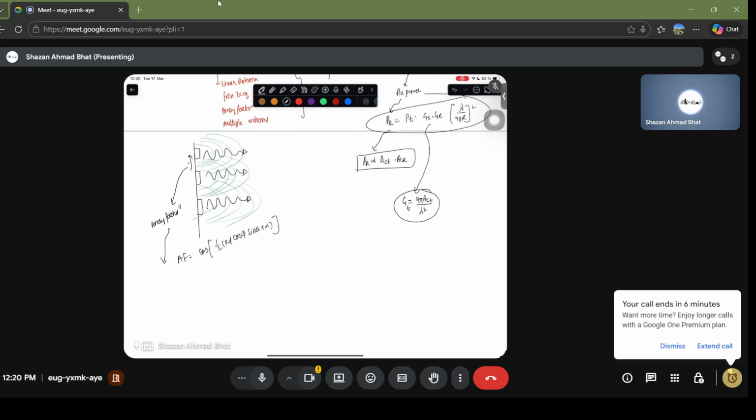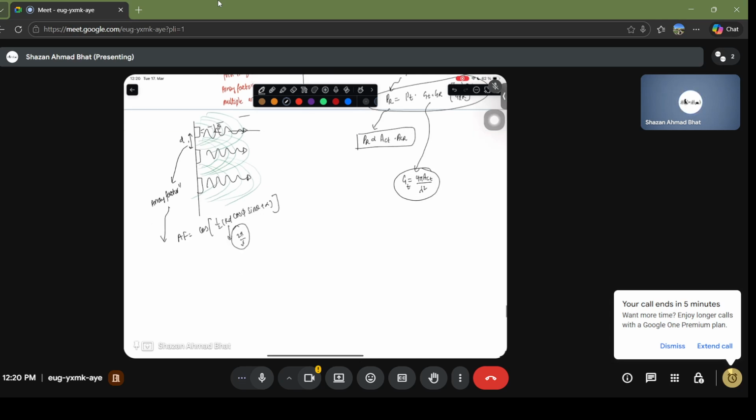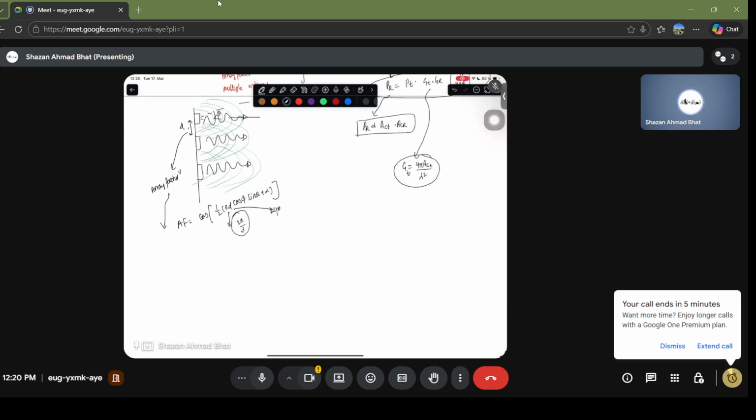And this d is the distance between the two elements, and it is emitting at a certain theta. And this k is basically 2 pi over the wavelength. The d is basically the spacing between the two elements. So you can find this array factor, which comes out to be a number.